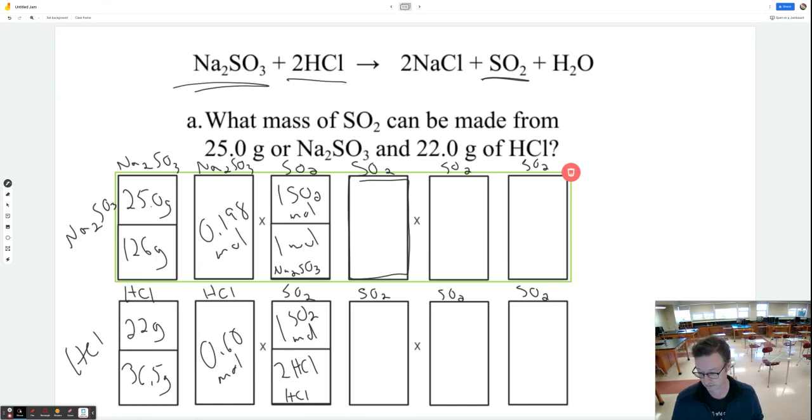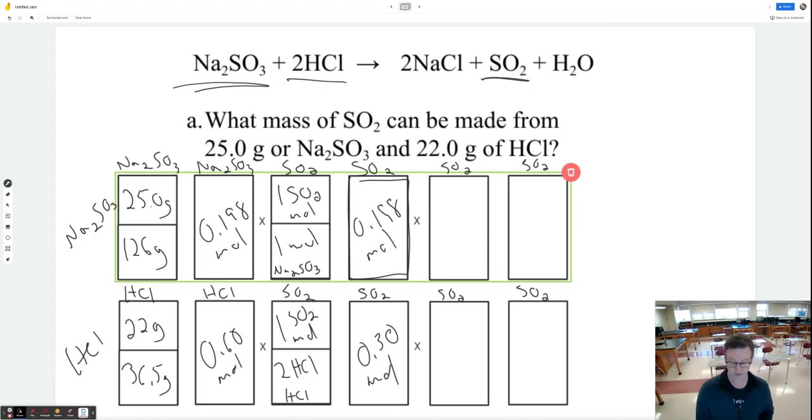On the top row, 0.198 times 1 over 1 is 0.198 moles of SO2, and then 0.6 times 1 over 2, or 0.6 divided by 2, is 0.3 moles of SO2. All right, so here I can see that the 25 grams of Na2SO3 would produce 0.198, just about 0.2 moles of SO2.